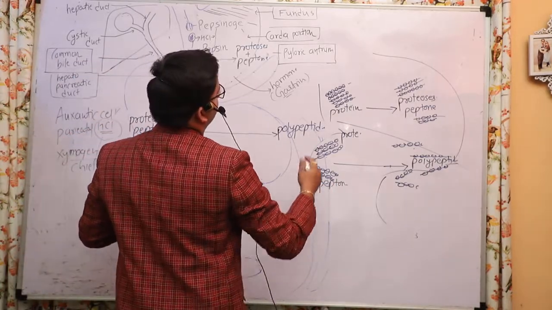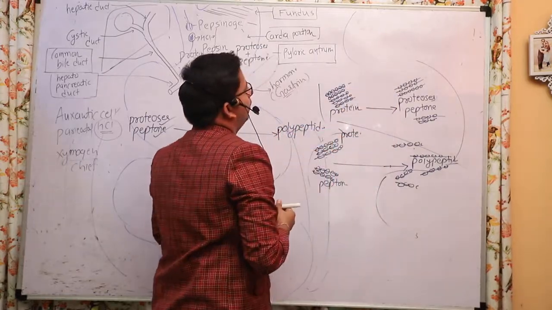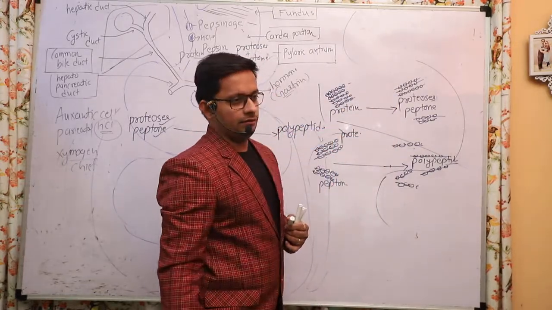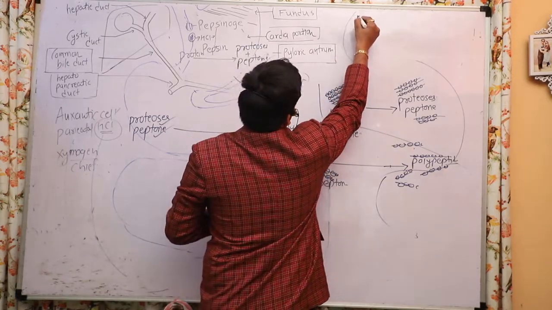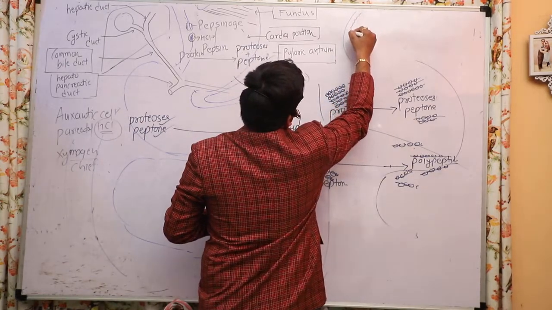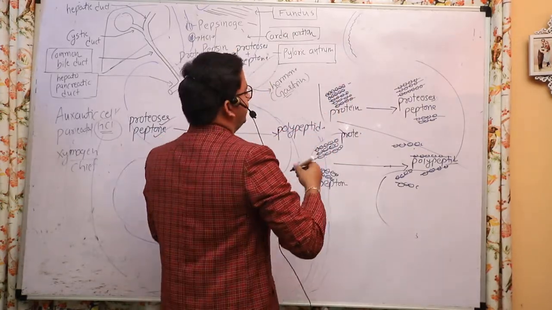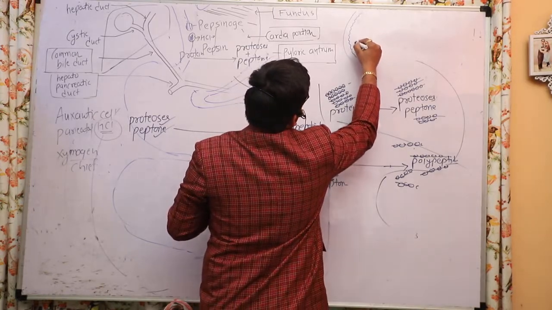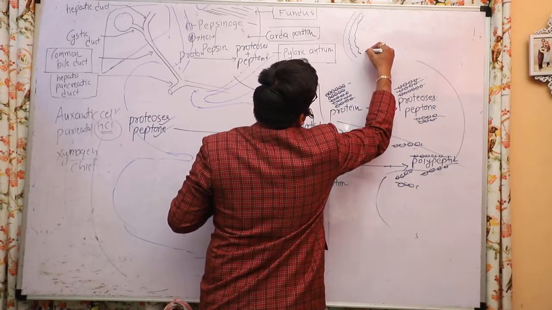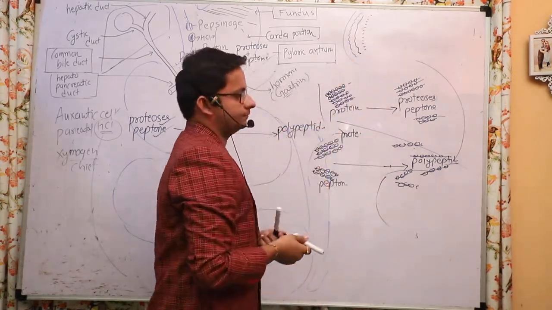I will draw the mucosa layer. The digestive wall has 4 layers. Outer is the serosa layer. Second one is the muscular layer. Third one is the submucosa. And the fourth one is the mucosa layer.